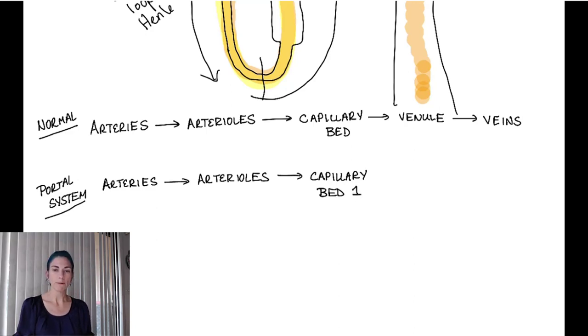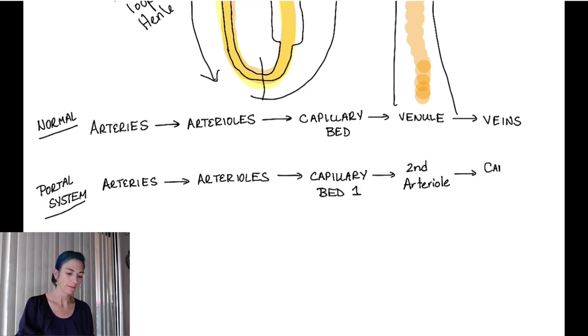So in a portal system, you go through the first capillary bed, and then you get funneled into a second arteriole. That will then lead into a second capillary bed. And from the second capillary bed, then finally you'll go into the venule and the veins.